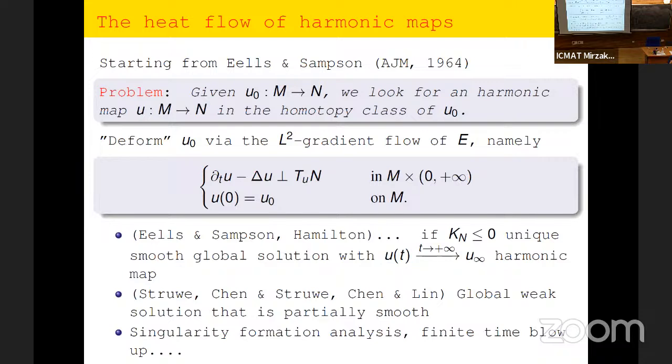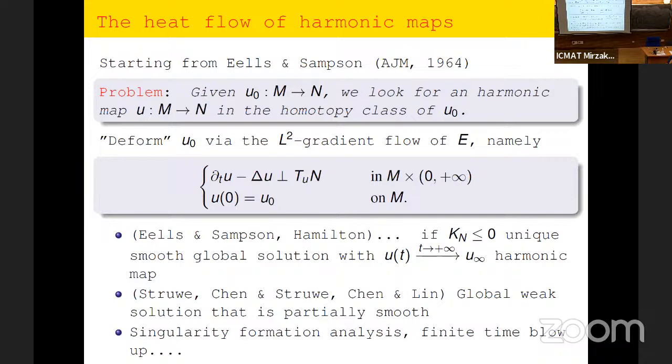Then there are other results which remove this curvature condition. And if you remove this curvature condition, say, for instance, you take a sphere as a target manifold, then you end up with maps which are non-smooth.